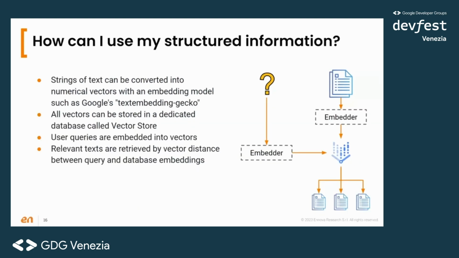Okay, so now we have a rendered HTML or Markdown document, and we want to understand how we can use it inside an LLM to perform question answering. And as Stefano introduced before, we use vector stores.